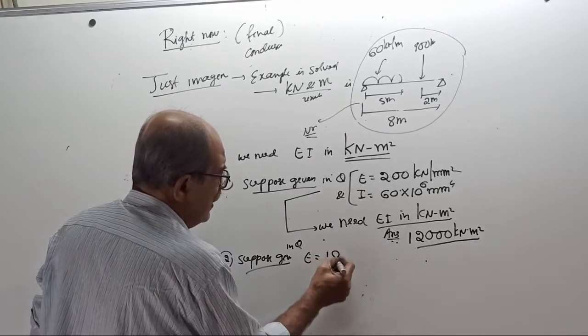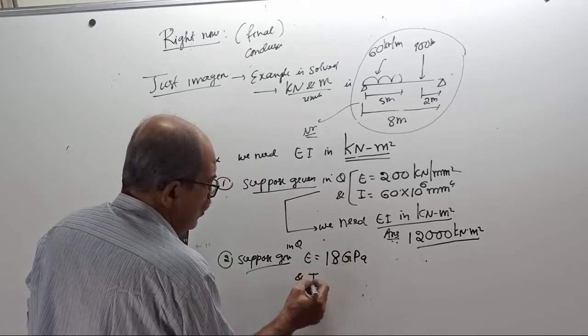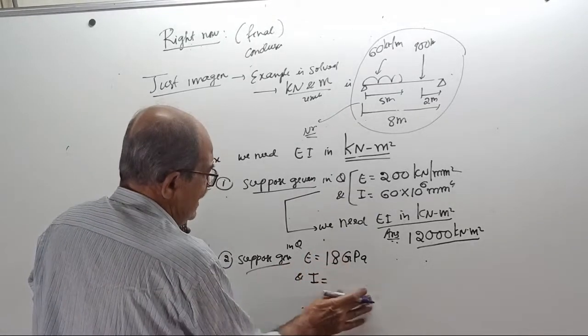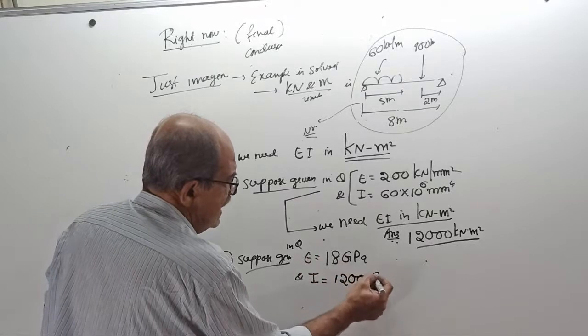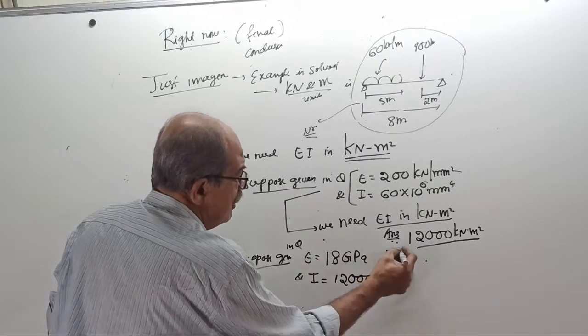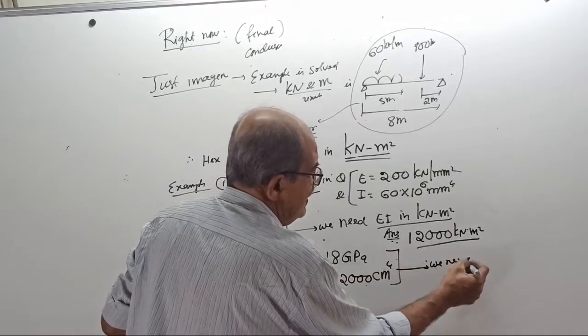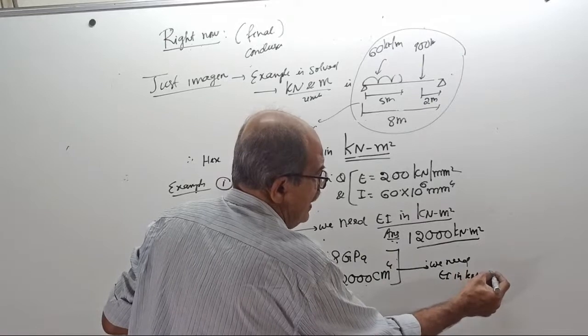Don't bother why. 18 GPa, and I equal to, deliberately they are not giving millimeter, they will tell I equal to 12,000 centimeter power 4. See, troublemakers. Then also we need EI in kilonewton meter square.